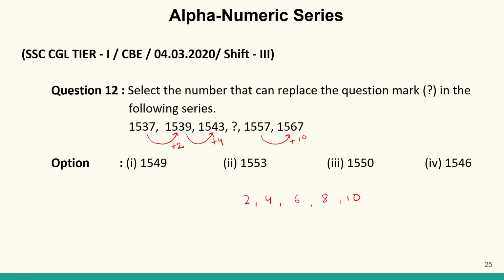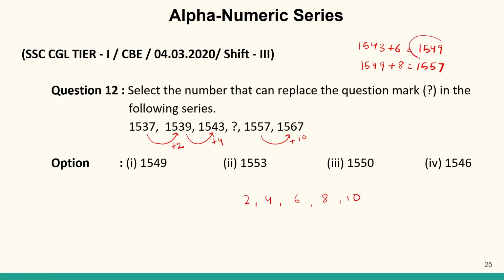So let us try adding 6 to this. So if I add 6 to this, I will get 1549. And if I add 8 to this, I'll get 1557.